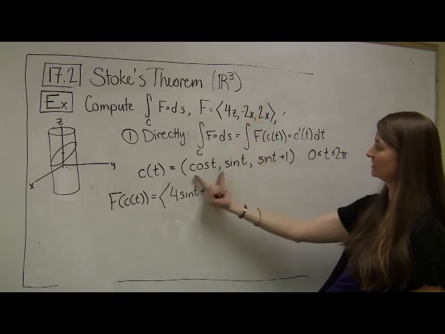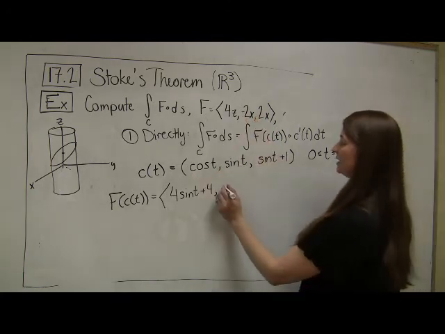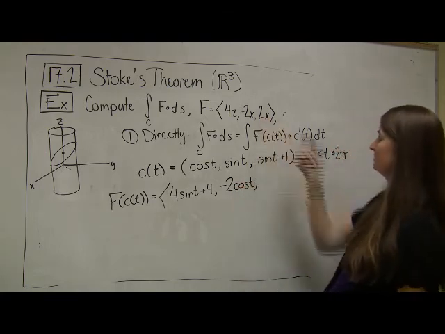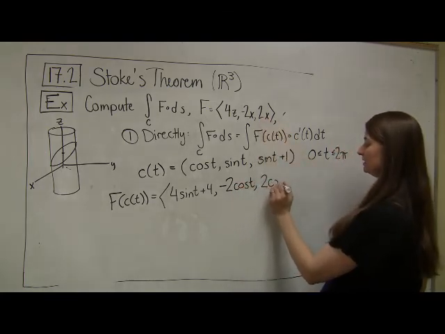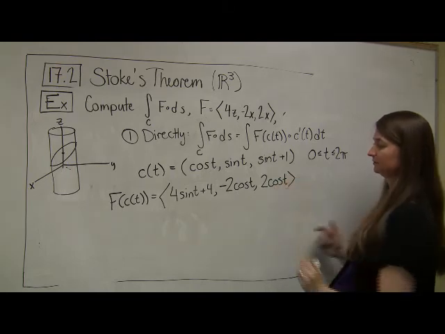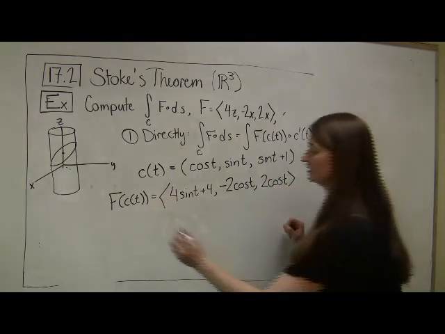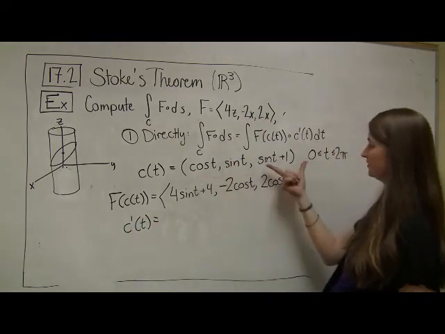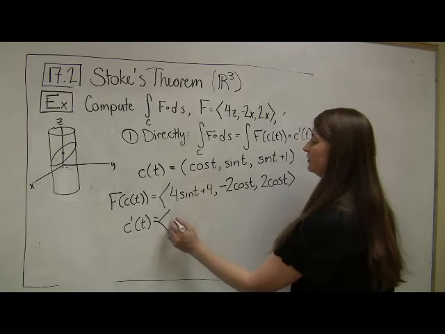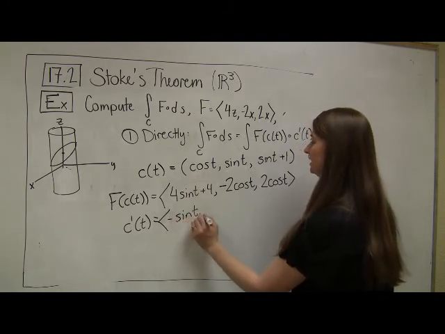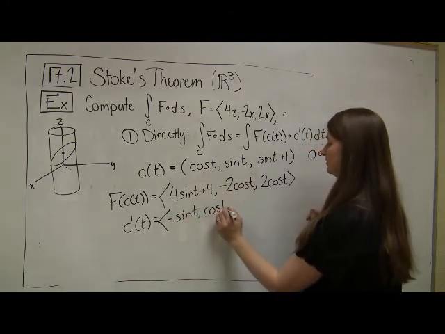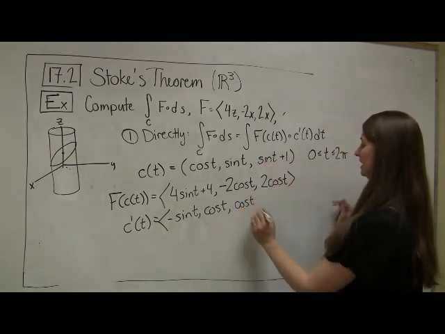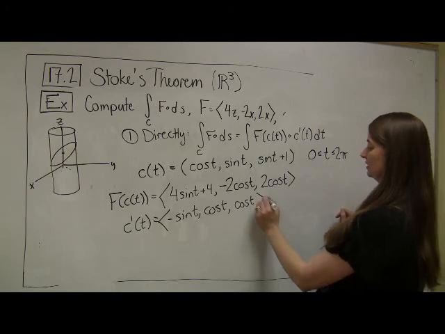My x component is cosine of t, so I end up with negative 2 cosine of t. And then for my last component, I get positive 2 cosine of t. This is my F of c of t function. And my c prime of t is just going to be the derivative of this function. The derivative of cosine is negative sine of t. The derivative of sine is cosine of t. And the derivative of sine of t again is cosine of t. And the derivative of 1 is 0.